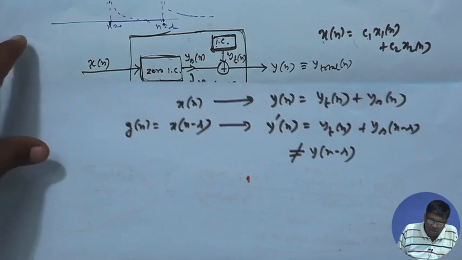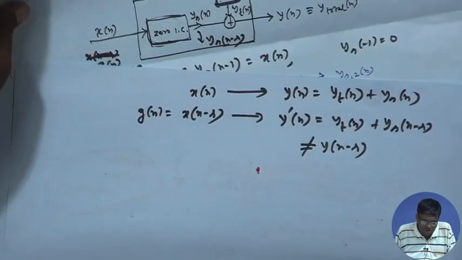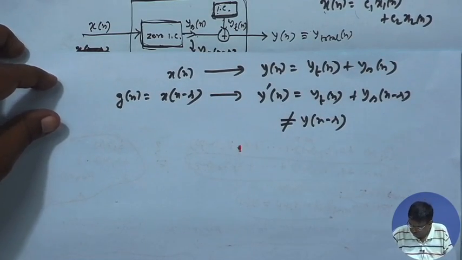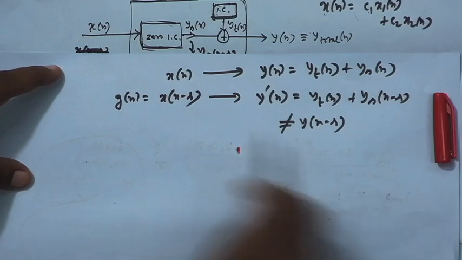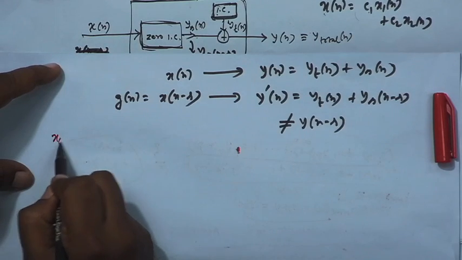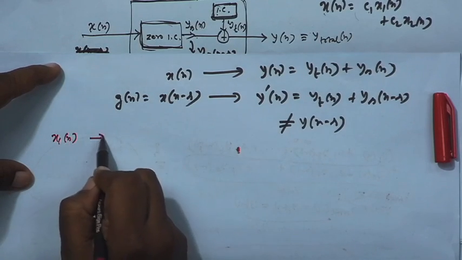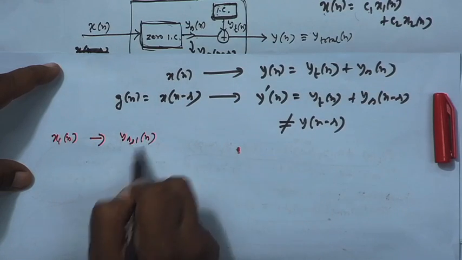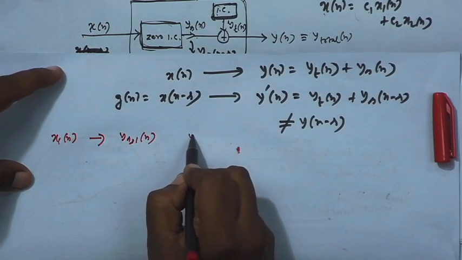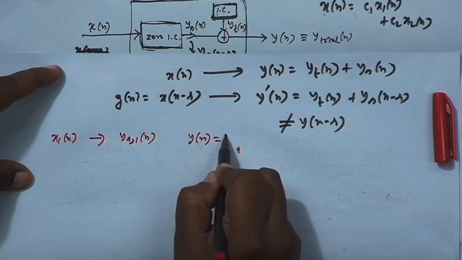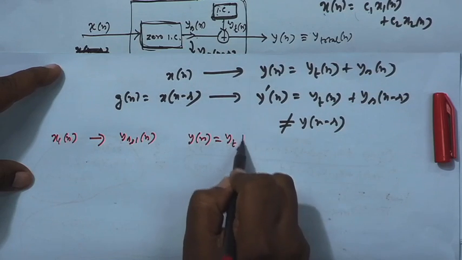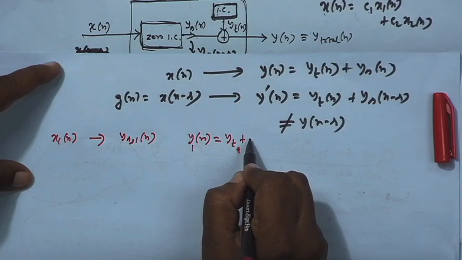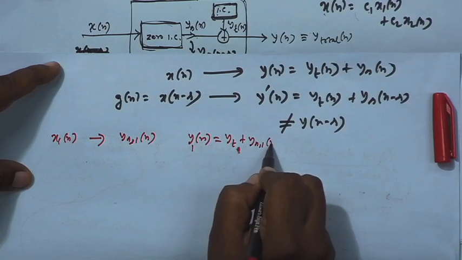Similarly, linearity can be viewed this way. Suppose I gave x_1[n] here and found y_s1[n], and the output y_1[n] is y_t[n] plus y_s1[n].